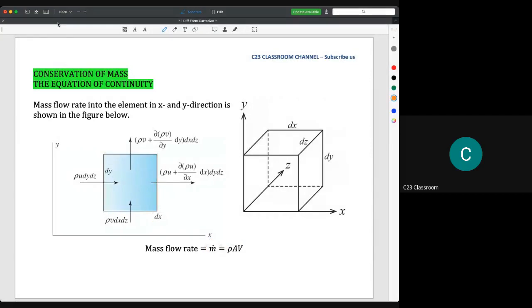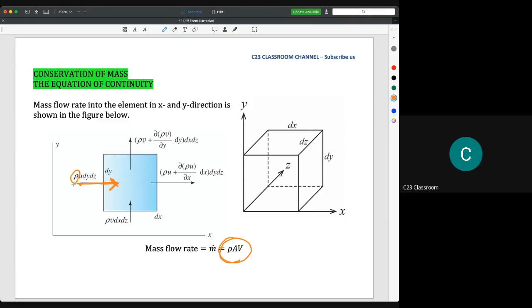Okay, let's say we want to calculate the mass flow rate. We go to this idea, rho A V. Let's say we want to calculate the mass flow rate at this section. The density here is rho.